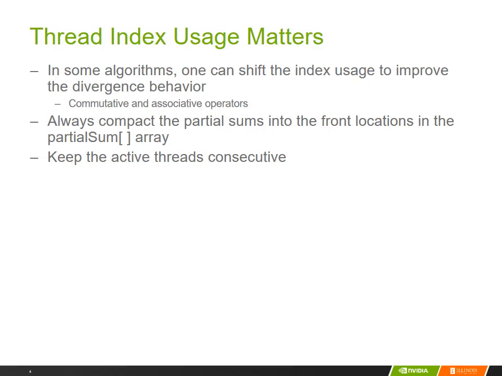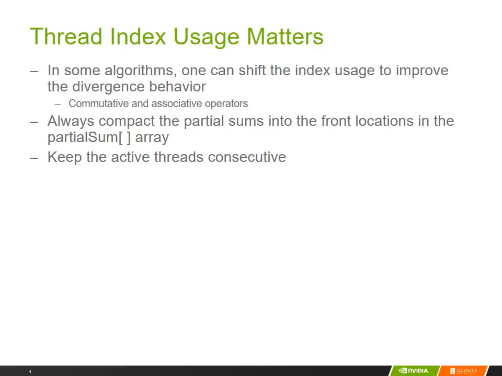One important point of this lecture is that the way we map thread index into data can significantly affect resource utilization efficiency. In some algorithms, we can shift the index usage to improve the divergence behavior.